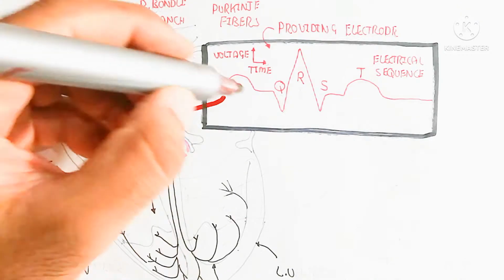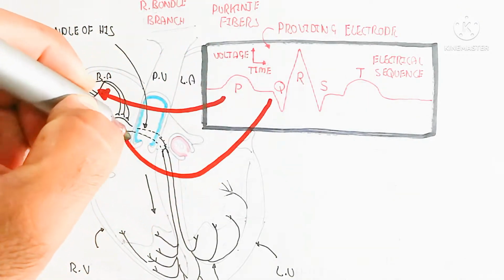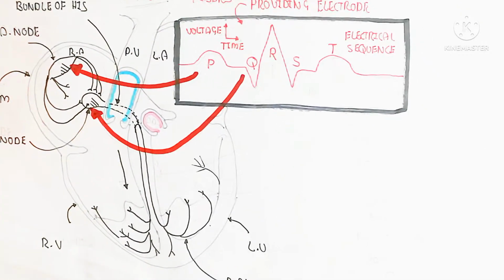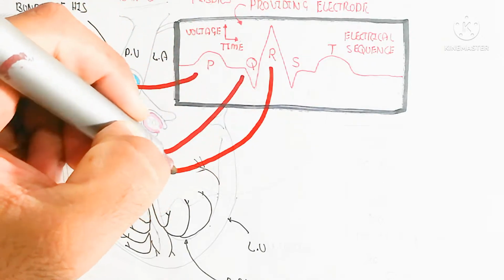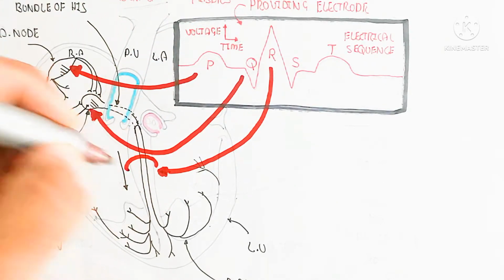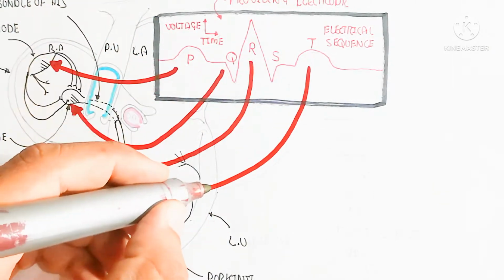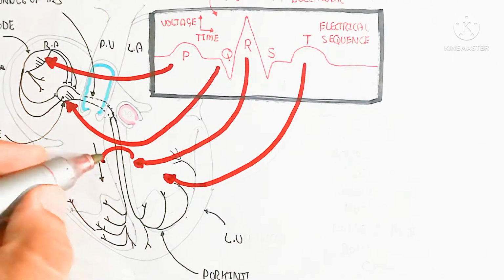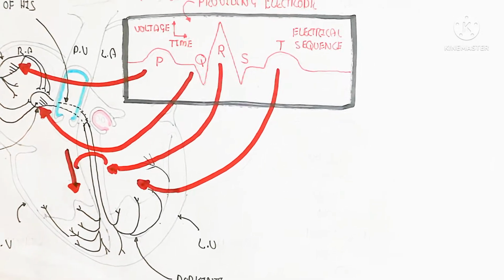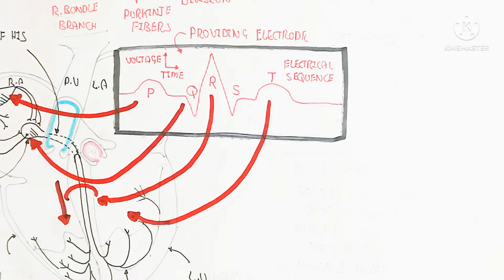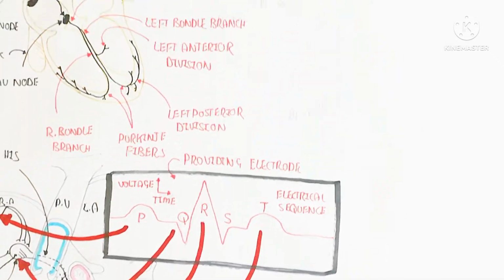After the contraction of both atria, the Q wave is shown. After the Q wave comes the R wave, which is produced higher because the ventricle must contract more for the transmission of the blood throughout the body as well as toward the lung through the pulmonary vein.